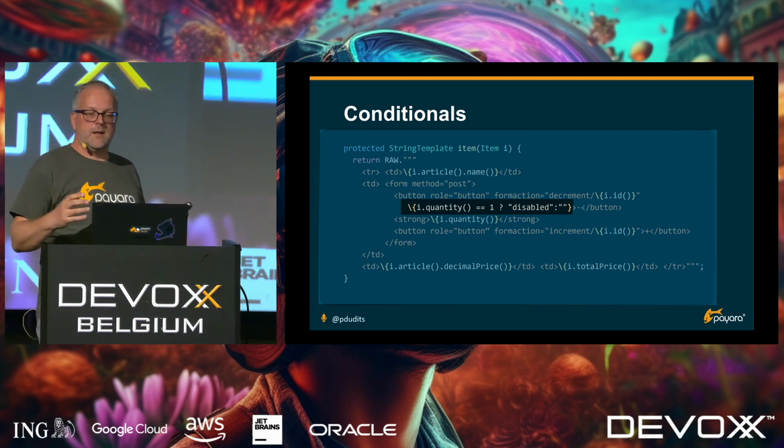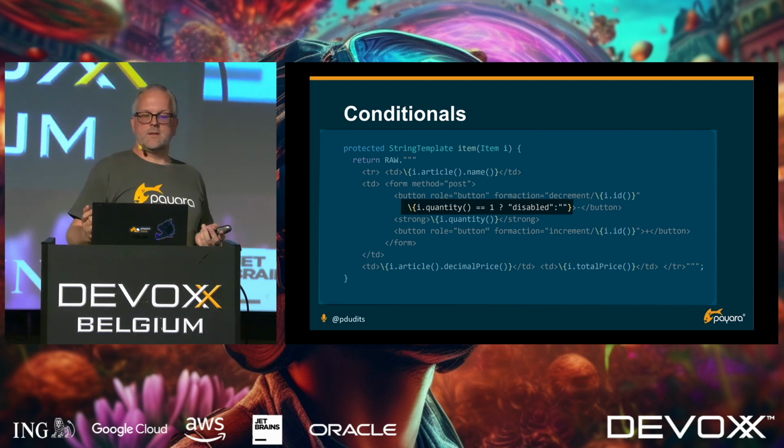You can have the mighty switch expression now inside. But usually, and it's probably the same as in any other templating language, it's best to extract those away in a separate method or prepare a variable before it. But you've got this facility as well.